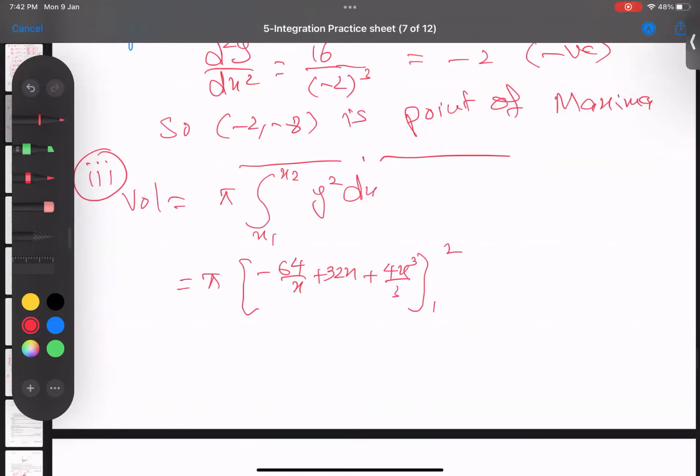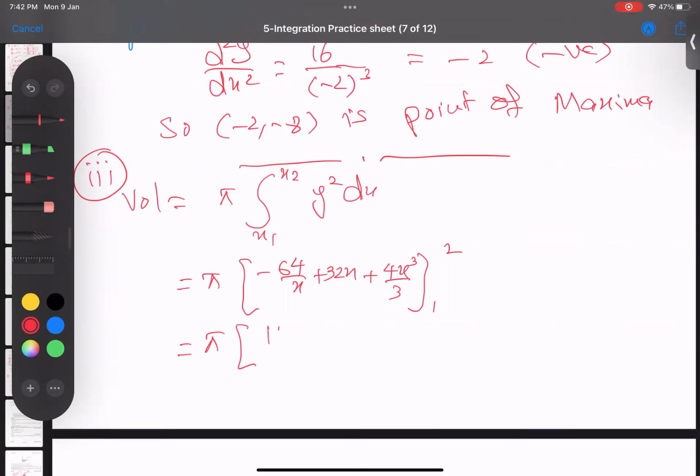Now I'm replacing the values. First I put 2: negative 64 divided by 2 plus 32 into 2 and plus 4 into 8 divided by 3.